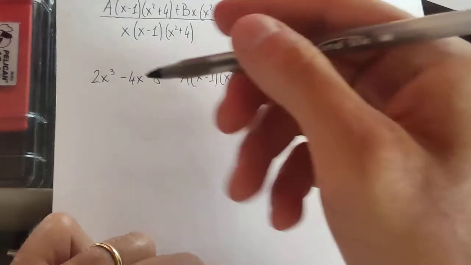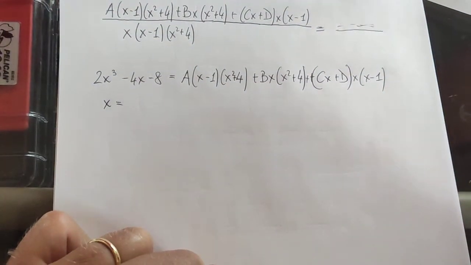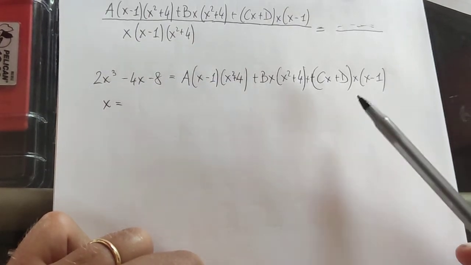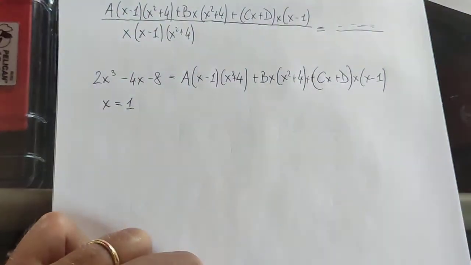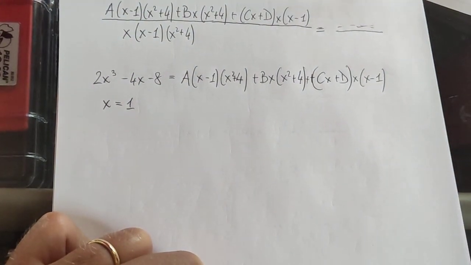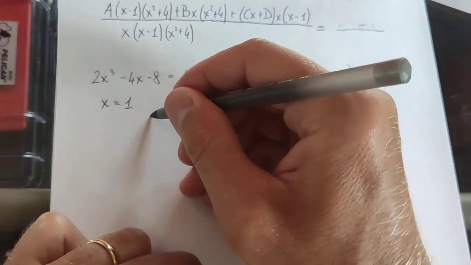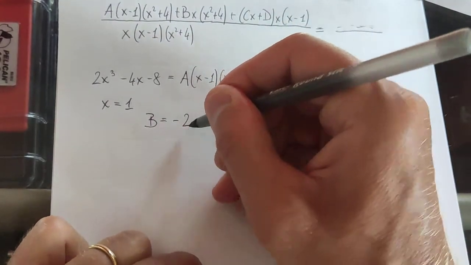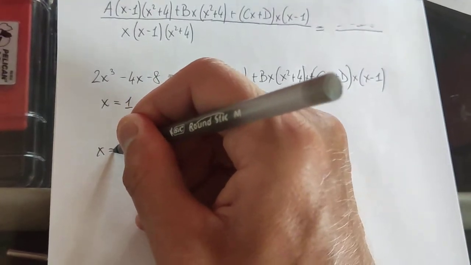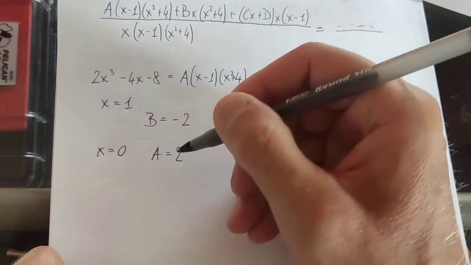And we're just going to pick our x's. If I pick x equals 1, I'll have just this term, and if you do your arithmetic, you're going to get B equals negative 2. Then we can pick x equals 0, and we get A equals 2.